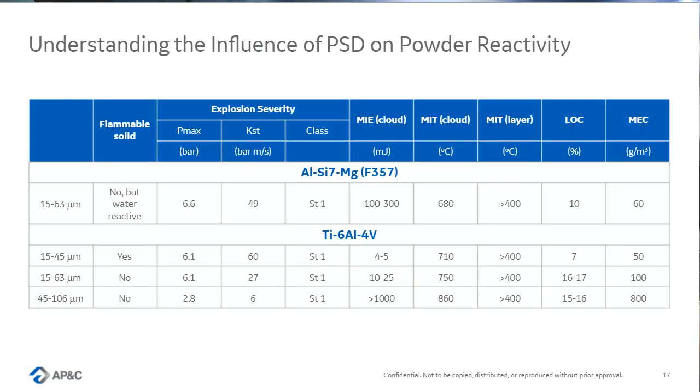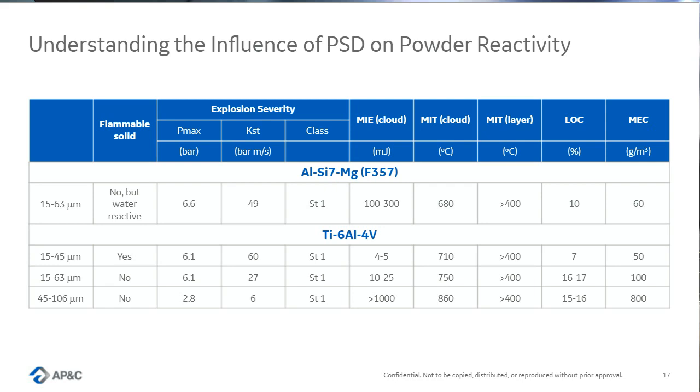That brings me to reactivity and how different particle sizes will have different properties. On the bottom of the chart here, we've got test results for different size solutions. One thing that has an impact on your process is the classification for transport.